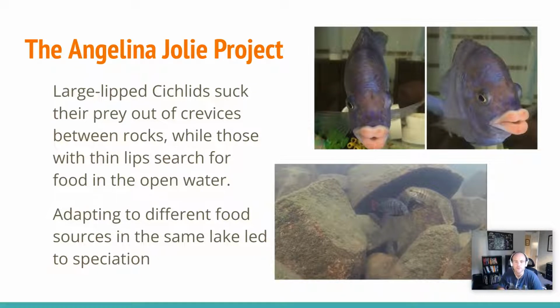And so what they were doing was putting those lips on the crevices of the rock and sucking out whatever was living in there to eat. So they were adapting to different food sources, and because they were always hanging out in slightly different areas, even though they're in the same geographical area, the same lake, hanging out in different spots of it, they never mated, and that eventually led to that separation.